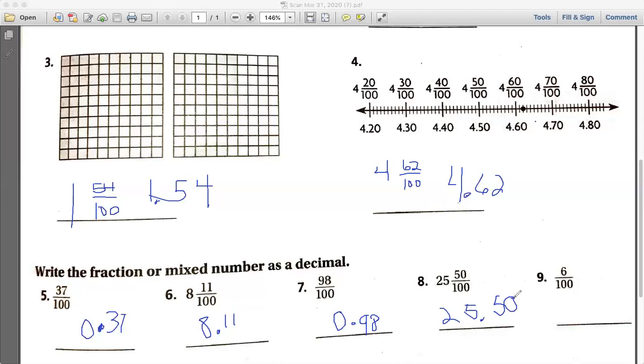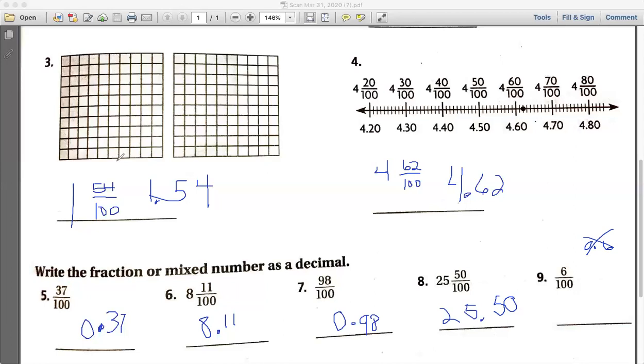Okay, 6 hundredths. We're not going to do this. This would be wrong. Okay, that's 6 tenths. It's in the tenths place. Okay, 6 tenths would mean 1, 2, 3, 4, 5, 6.